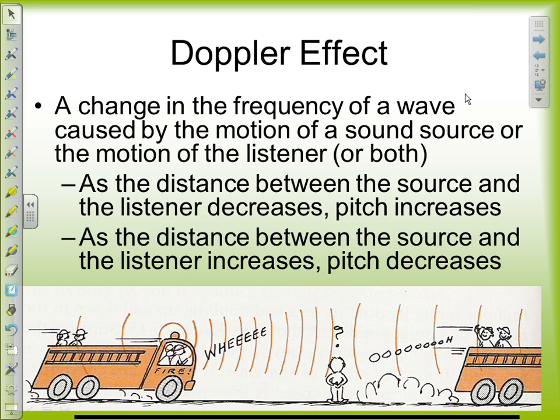If the distance between the source of the waves and the listener is increasing, we see a decrease in frequency. So as things are coming towards you, or as you are coming towards them, they increase in frequency. If you are moving away from them or they're moving away from you, they decrease in frequency. And that can affect their pitch if you're talking about a sound wave, or it can affect other things about how we perceive that wave.